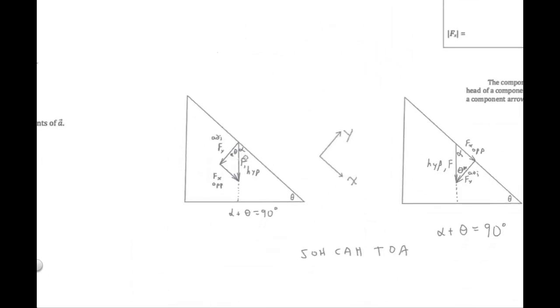So I'm just going to use F now without an arrow to show that now we're using this to represent the length of this side, or the length of this side. So since we know the length of the hypotenuse, we should use sine and cosine, because those are the concepts that use hypotenuse.